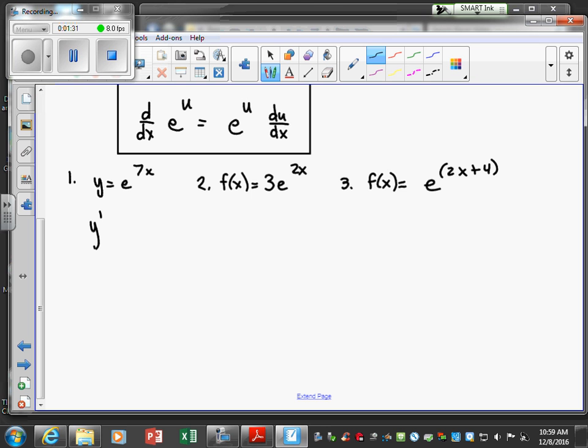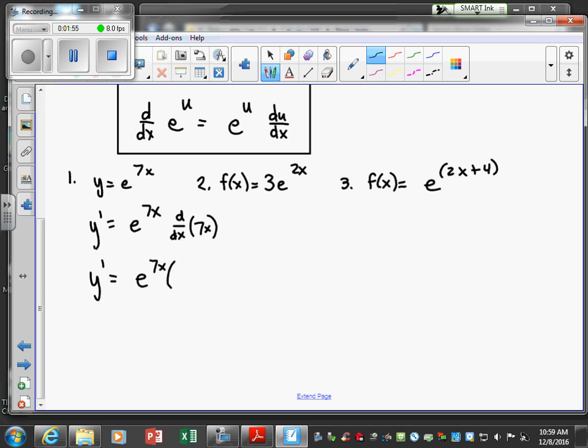So I have y prime. That's just going to be e to the 7x. That represents our e to the u. Now you have the derivative of u with respect to x. The notation on that, we'll write it the first few times, we'll say d dx of the exponent. So to calculate that, we'll just have e to the 7x.